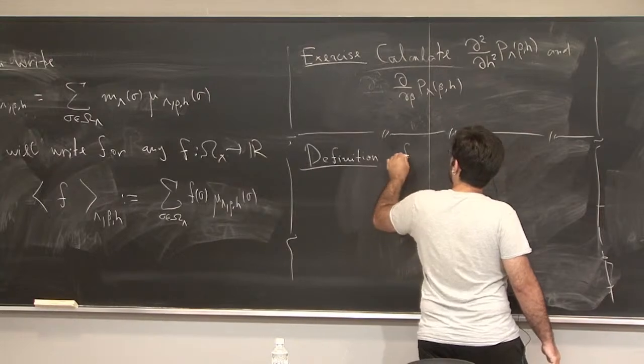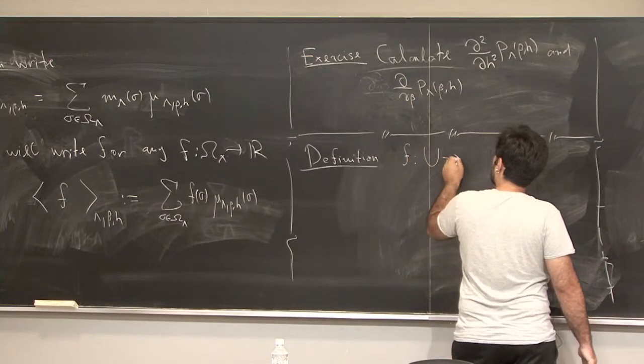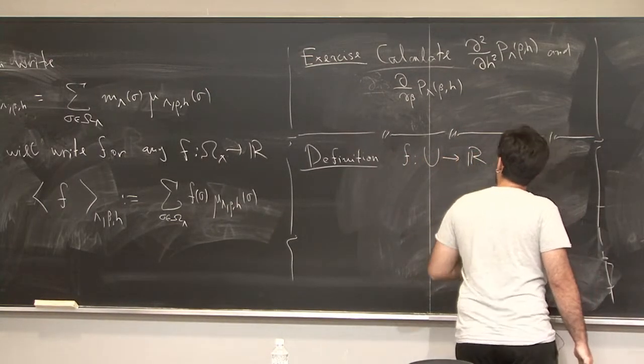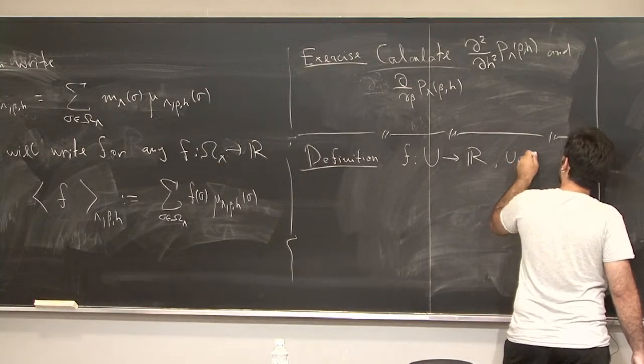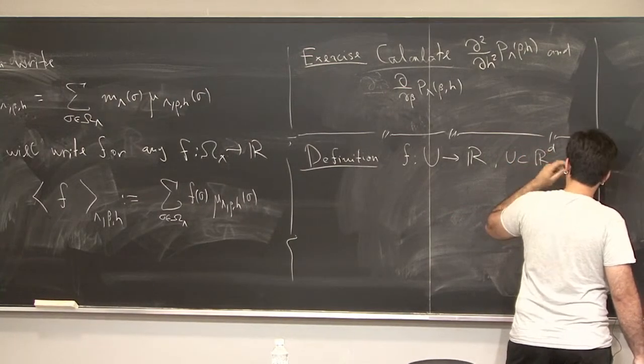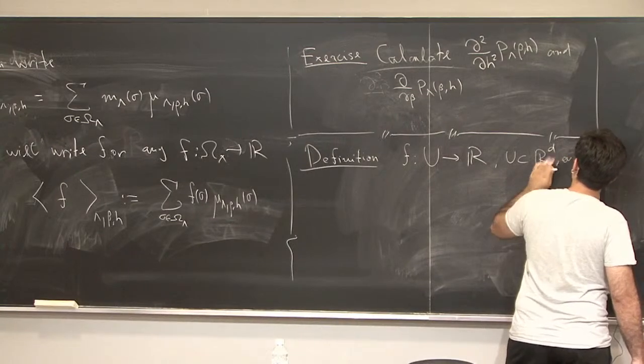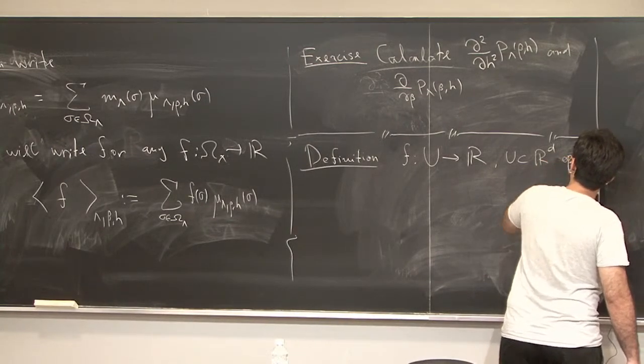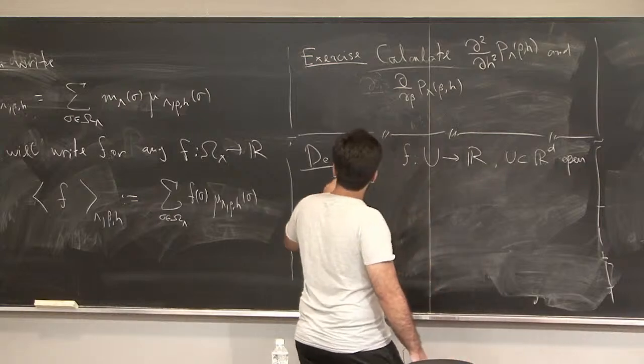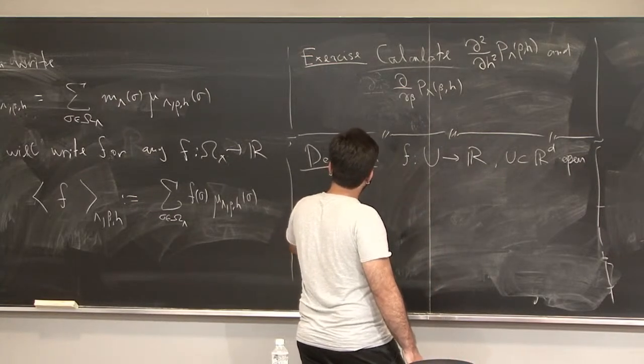If you consider a function from an open subset of R^d, then you call it convex.